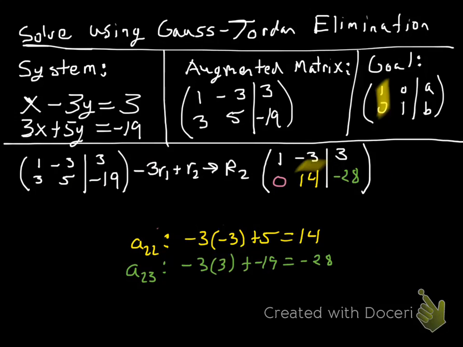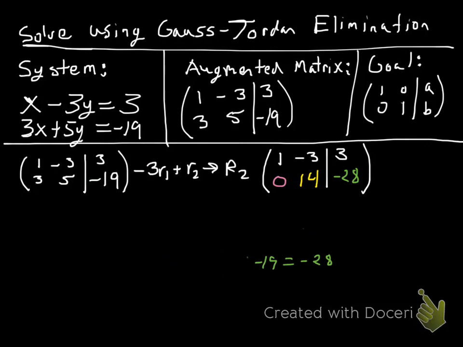So the next thing I want to do is make this 14 into a 1. I'm not going to divide by 14, but multiply by the reciprocal, because we don't really have a divide row operation. I'm going to get rid of this extra clutter, and then we're going to multiply row 2 by 1 over 14, and that'll become my new row 2.